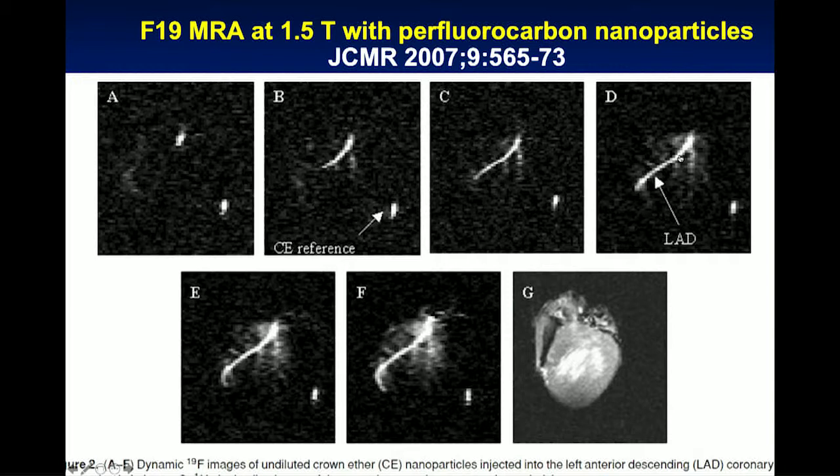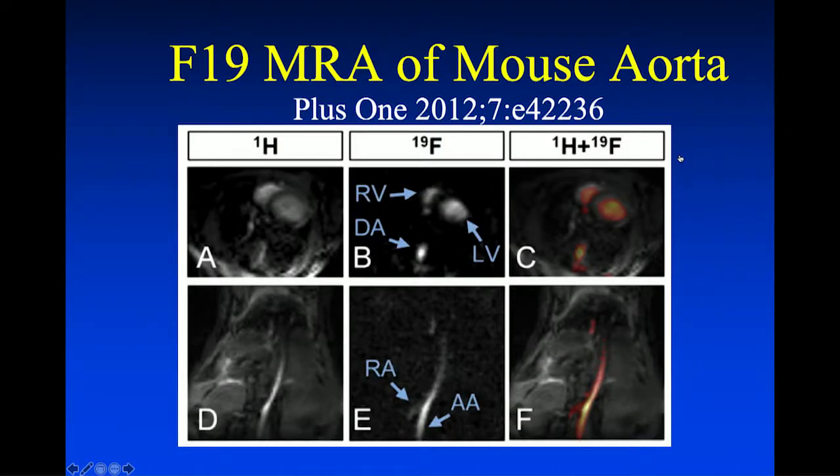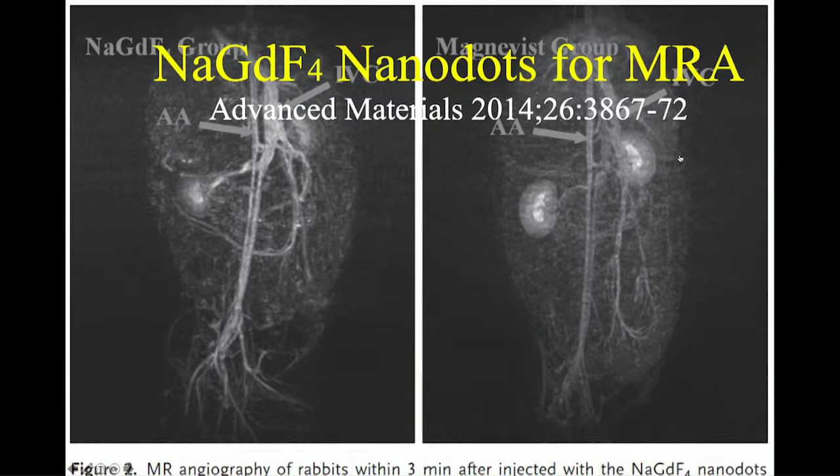And here you see the left coronary artery, and there's the background proton image in a mouse. Here, another example, looking at the aorta using fluorine-19, and finally using sodium gadofluorine nanodots for MRA in rabbits.